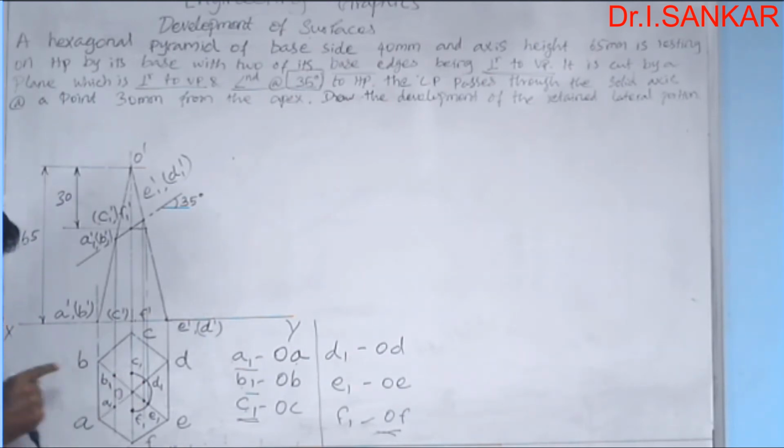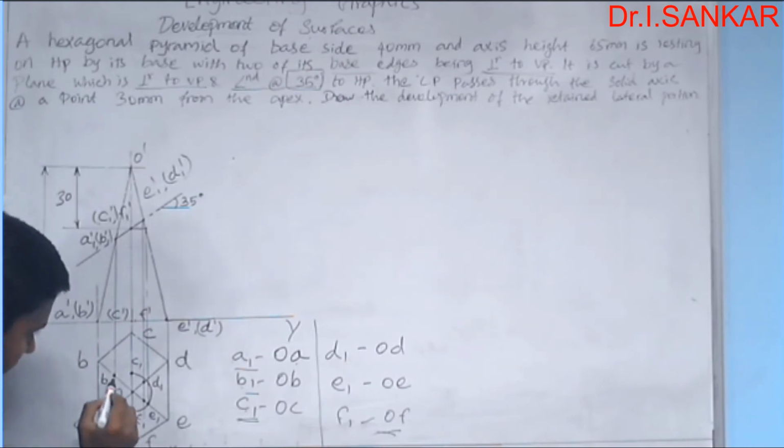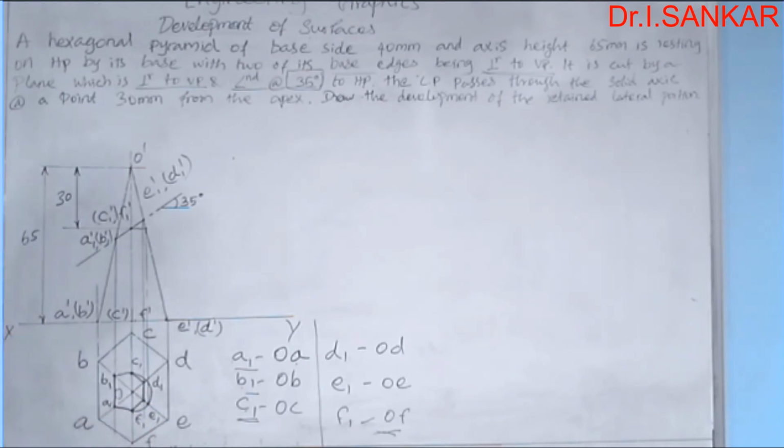Now connect all the cut points with the help of straight lines, not with arcs. So this is nothing but the removed portion, and the retained portion can be highlighted with the help of an HB pencil. You need not rub off the portion inside the cut points. Just for your understanding, I am rubbing it, and then you have to darken the retained portion with the help of straight lines.